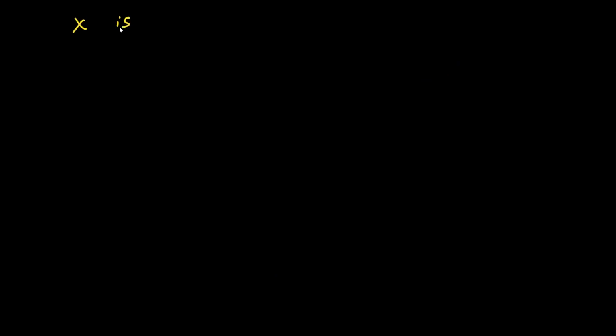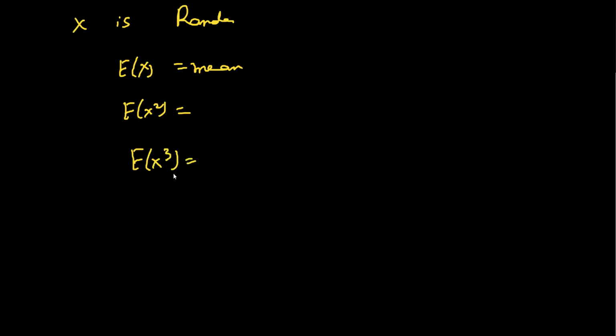If X is a random variable, then E(X) is called the mean. E(X square), E(X cube), E(X4), and let's suppose E(g(X)) is any function. The first is called the first moment. The first moment is called the mean. The second is the second moment.